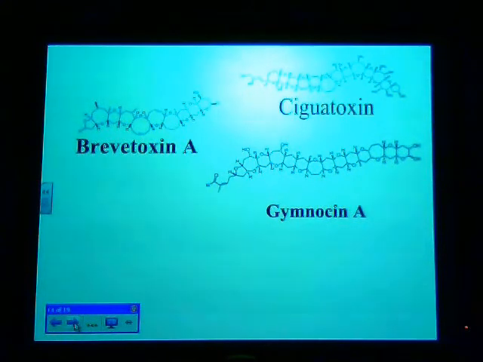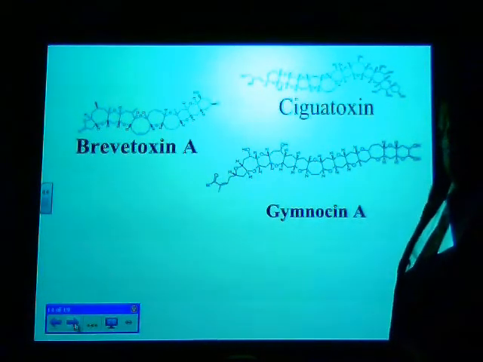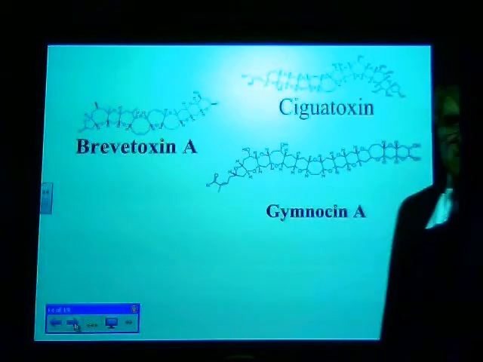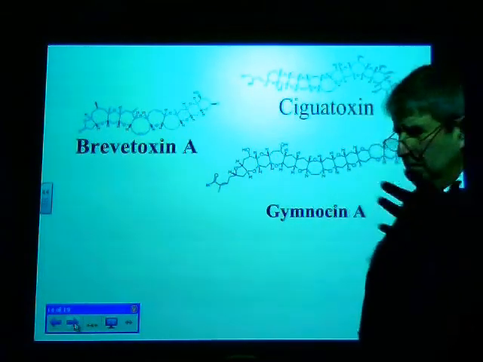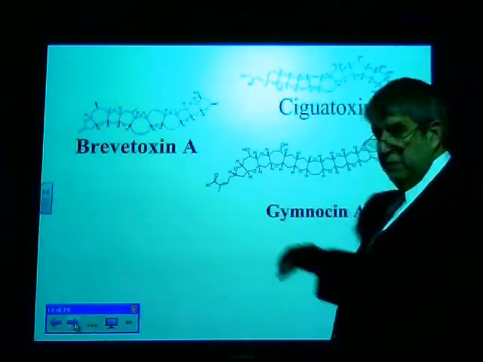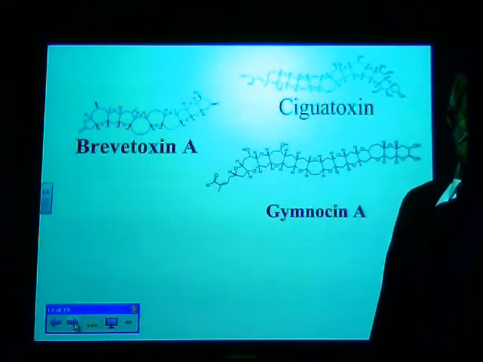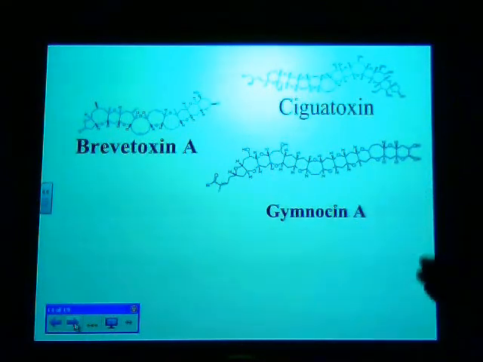And again, this is neurotoxic shellfish poisoning. These compounds are sodium channel blockers, so they prevent the nerve impulse from taking place by preventing sodium from moving through the cell membrane. All these things operate in basically the same way.